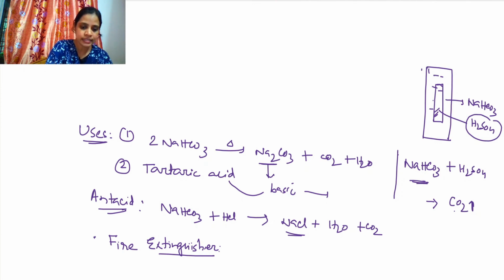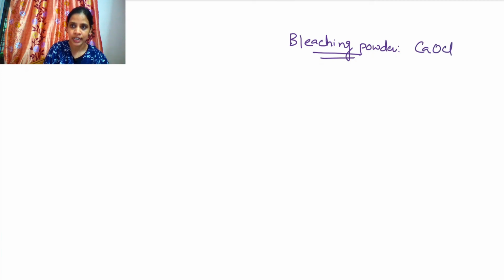Okay, next I explain bleaching powder. All of you know the formula of bleaching powder. What is the formula of bleaching powder? The formula of bleaching powder is CaOCl2.